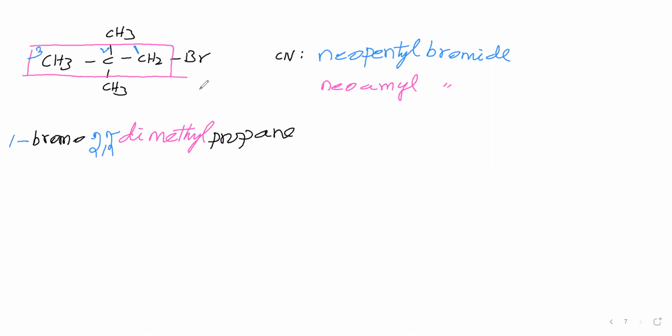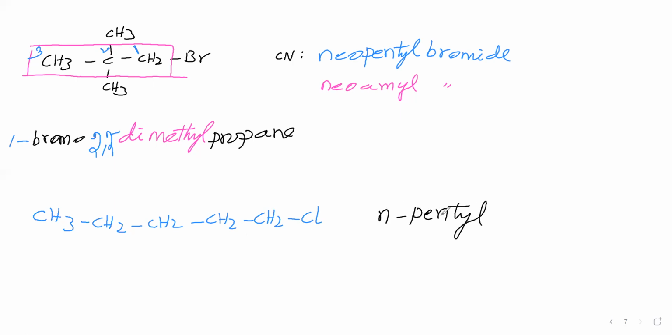Okay. Next we'll take the compound CH3, CH2, CH2, CH2, CH2, Cl. For this compound we will say the name. Here 5 carbon atoms are present, therefore we will say N-pentyl. N-pentyl is the common name. N means normal. Normal means no branch, straight chain.